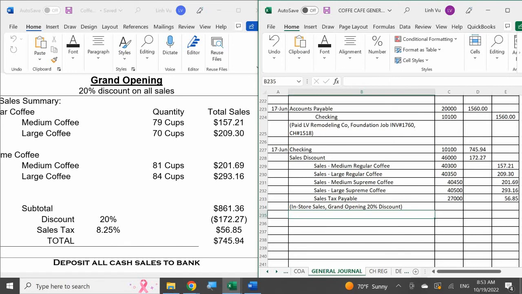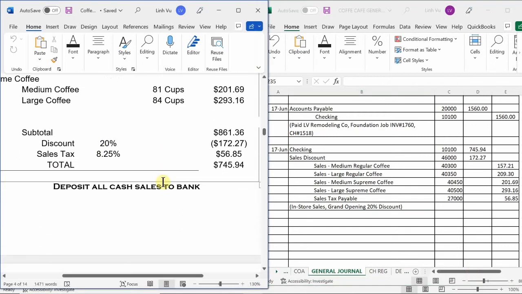Perfect. Okay. Now that my journal is done, you can go ahead and proceed to your deposits. Now, I'm going to tell you this: all sales are going to be done at the end of the day. So what I'm going to have you practice here is depositing money into our checking account every single day.